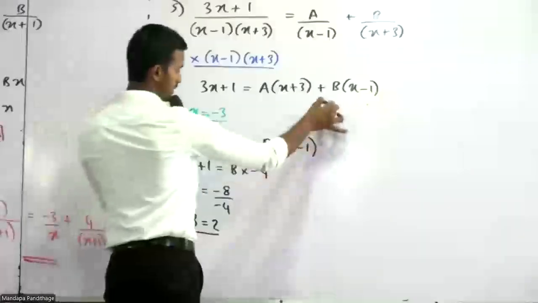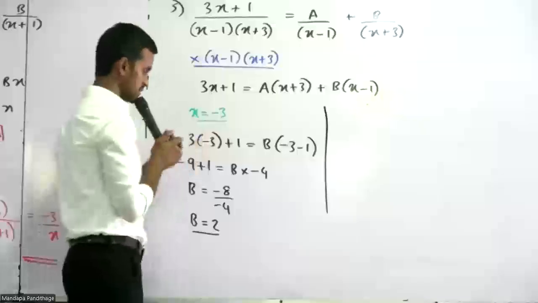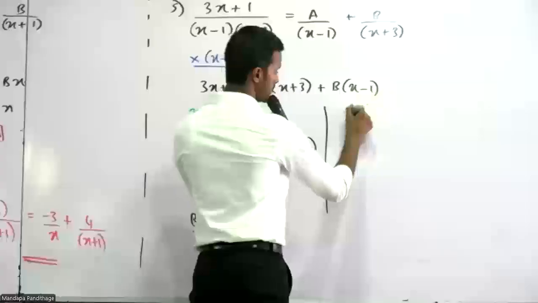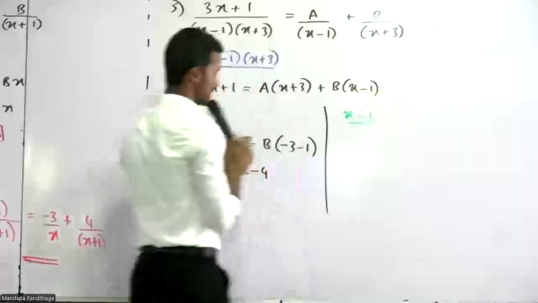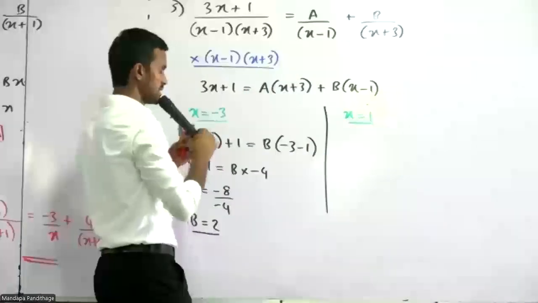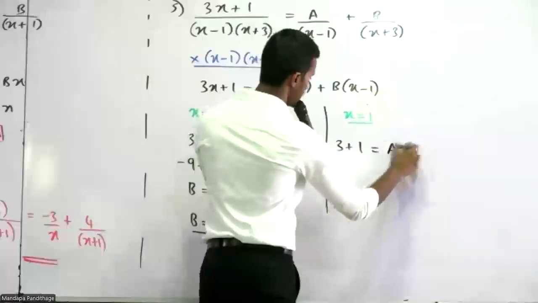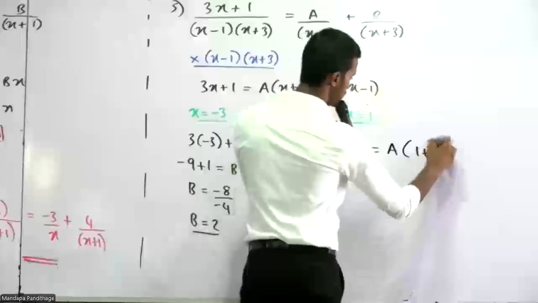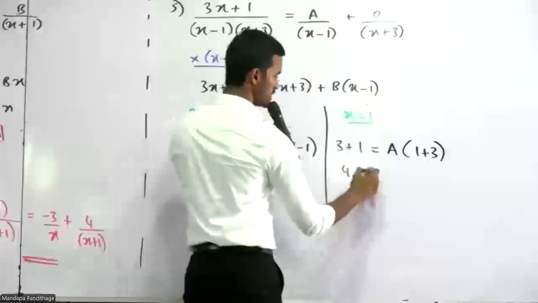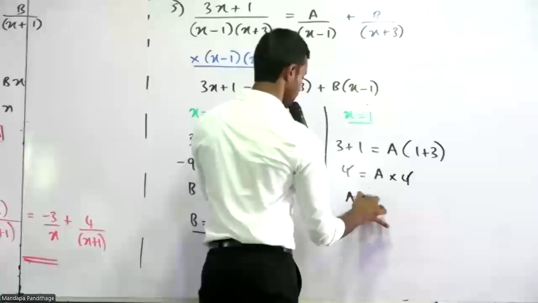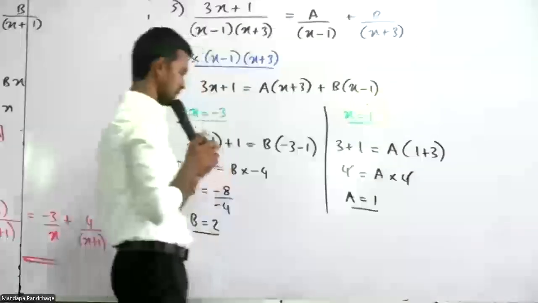And then consider x equals 1. So when x equals 1, this becomes 0. It's 3 plus 1 is equal to a times 1 plus 3. You don't have to write this, it becomes 0. 4 is equal to a into 4, which means a is equal to 1. So I get a is equal to 1 and b is equal to 2.